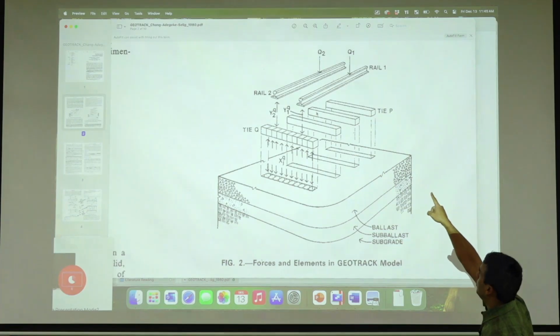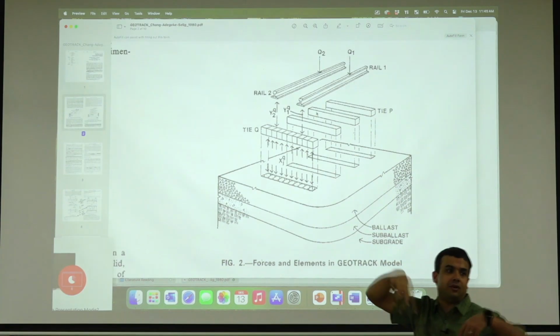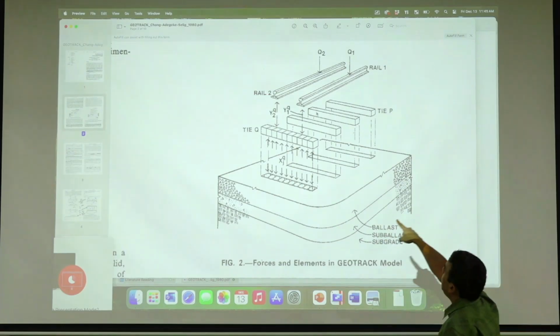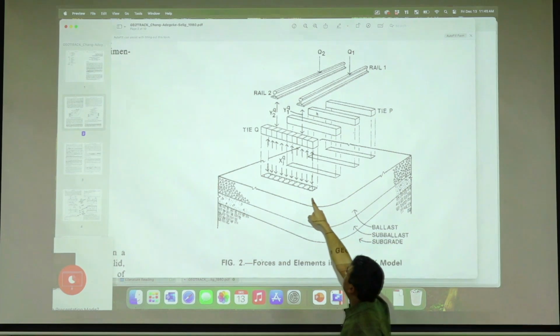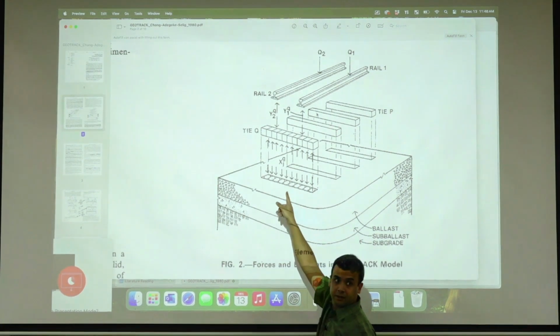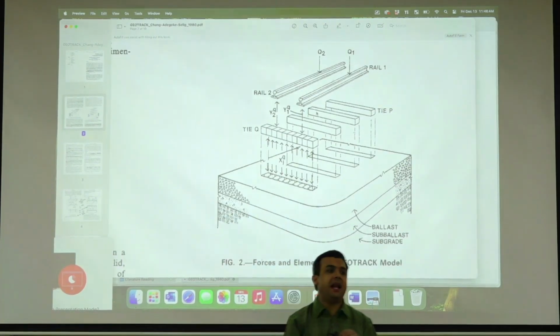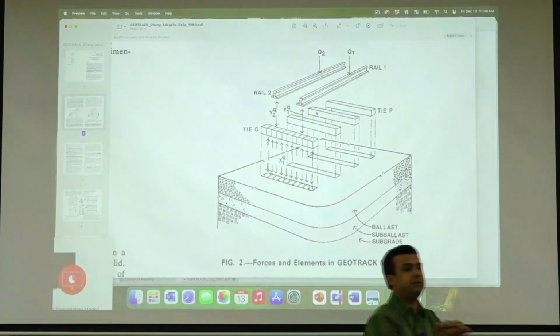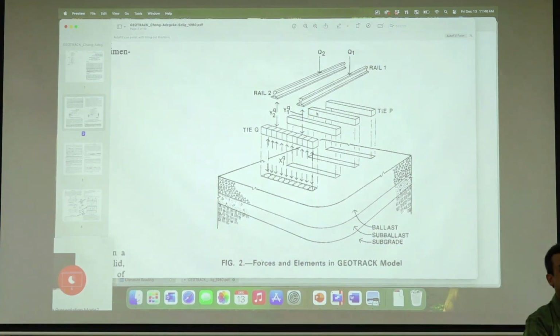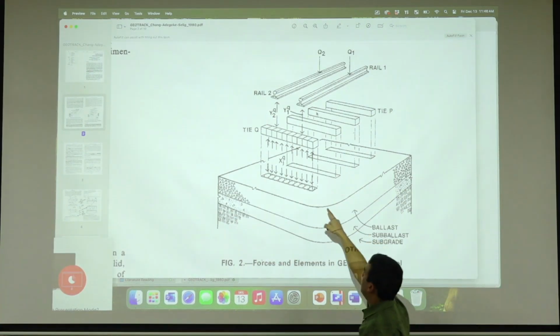The way the loads are transmitted is that you take the loads Q1, Q2, the two wheels on the two rails, and then you divide the tie into 10 little circles. The tie-ballast or sleeper-ballast interface is divided into 10 different circles, and those circles are where the pressure is applied.